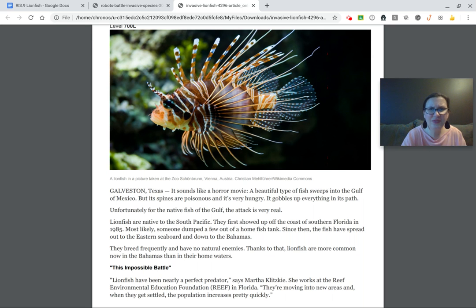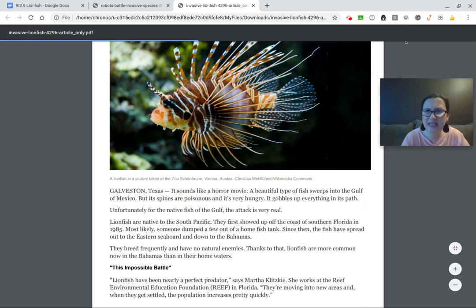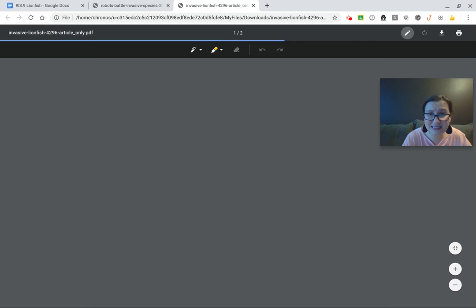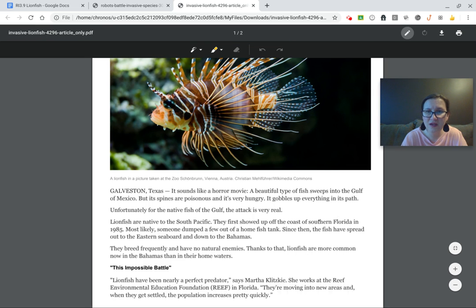So let's go through and see if there's some things that are going to be important here that might help us. The first thing I want to make note of is that they don't belong in Southern California. Right here it says that someone probably dumped them out of their fish tank. So I think it's important to know that these invasive species didn't just swim here. We humans did this. We caused this problem.